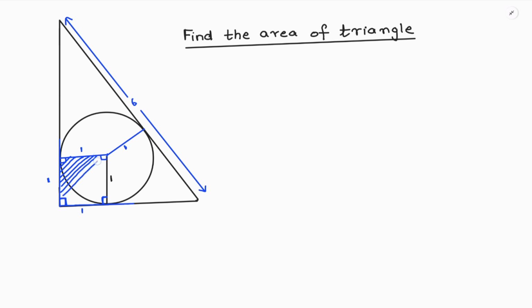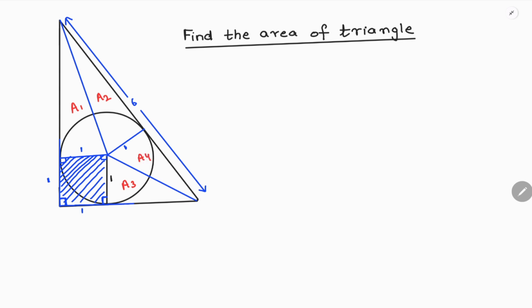If I want to find the area of the complete triangle, my job is to find the area of these two remaining portions. So I join this point to this point, and this point to this point. I say this is A1 and this is A2, each a triangle, and this is A3 and this is A4.